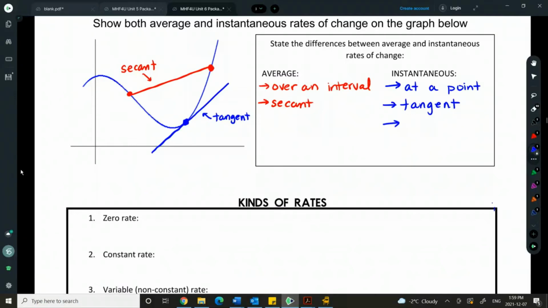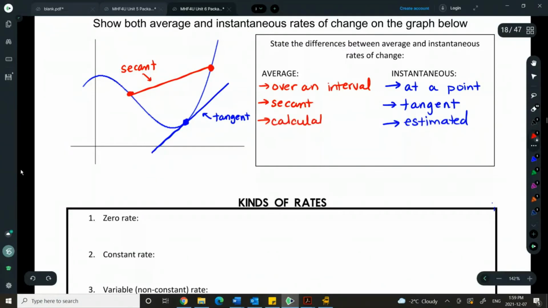So for our purposes right now, this is more of an estimated value. Whereas this I can perfectly calculate, right? If I have 2 points, then I have an x coordinate and y coordinate here, and an x coordinate and y coordinate here, and we can find the slope of that, and we'll all get the same answer. So we would say this one's more like a calculated rate.